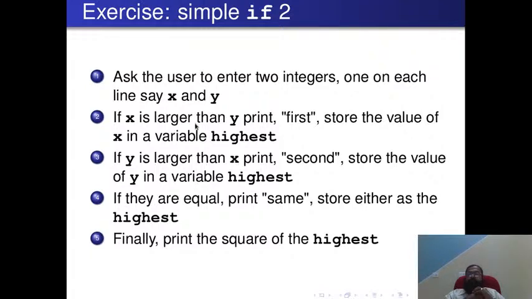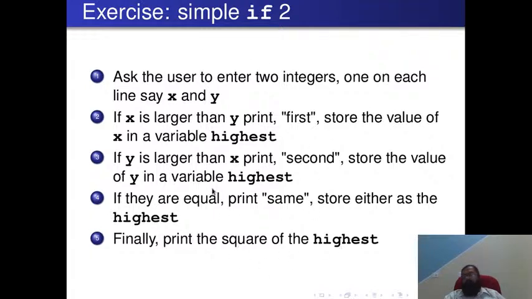You can ask the user to enter two numbers x and y, and if x is larger than y, print first, store the value of x in the variable highest. If y is larger than x, print second, store the value of y in the highest. If they are equal, print same, store either as the highest and print the square of the highest.